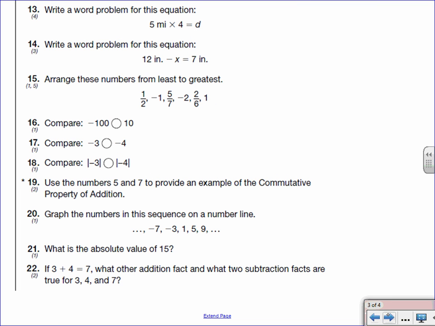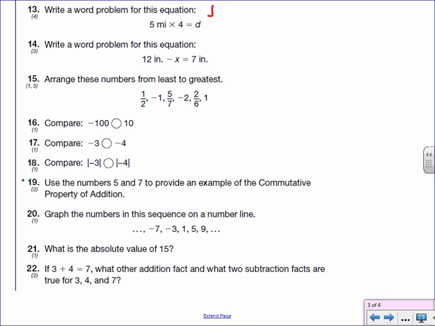Write a word problem for this equation. So 5 miles times 4 equals the distance, or the difference. So let's think about this. Maybe you rode your bike 4 miles every day for 4 days. How far did you ride in all?